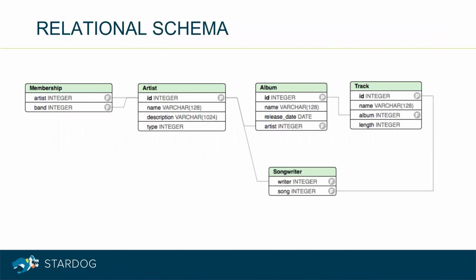Okay, so we'll have a running example in this webinar, which is inspired by the open music encyclopedia MusicBrainz. MusicBrainz collects and stores music metadata in a relational database and makes it available to the public.